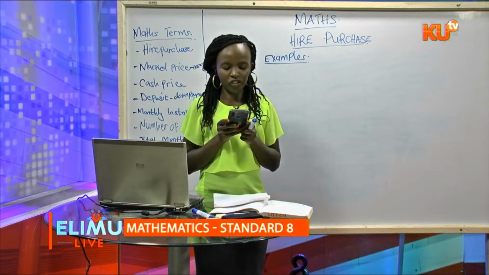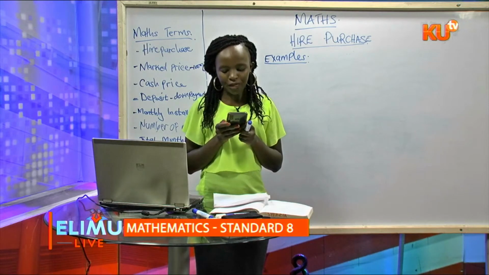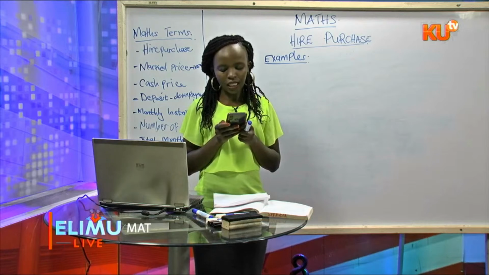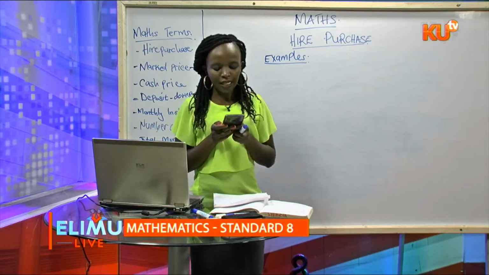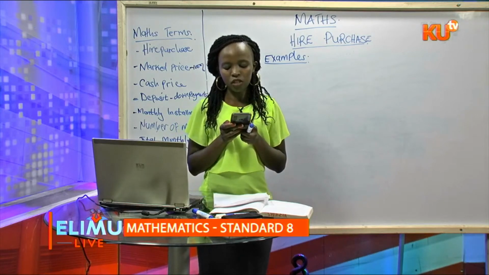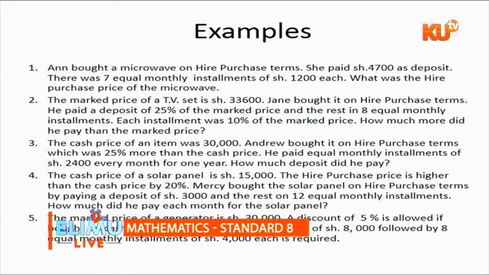Jane bought it on hire purchase terms. He paid a deposit of 25% of the marked price, and the rest in 8 equal monthly installments. Each installment was 10% of the marked price. How much more did he pay than the marked price?